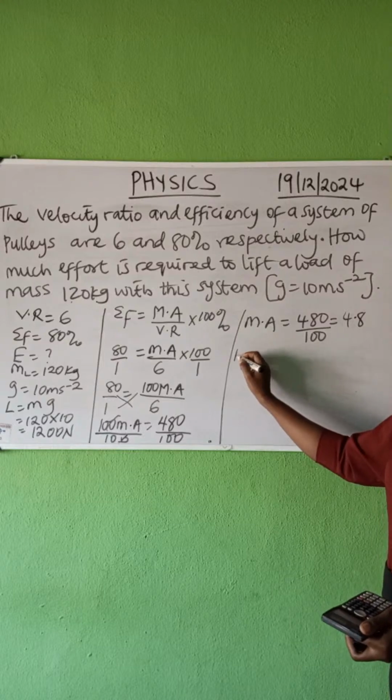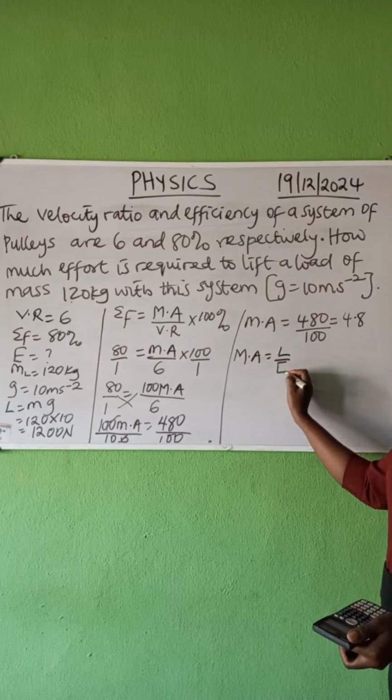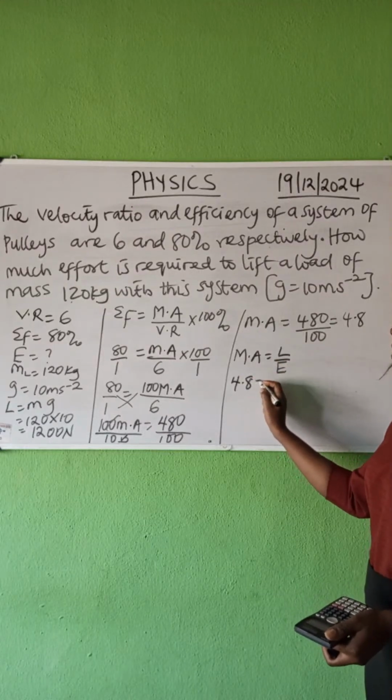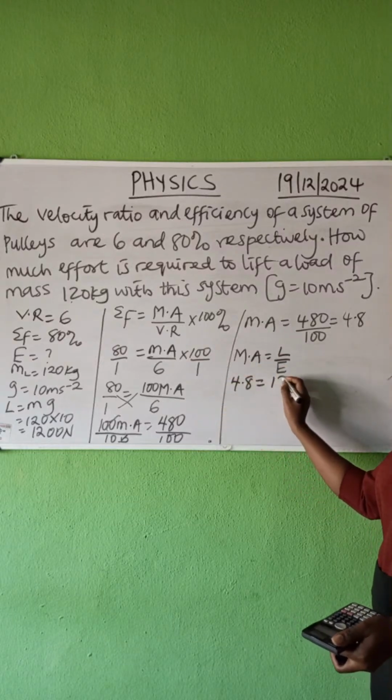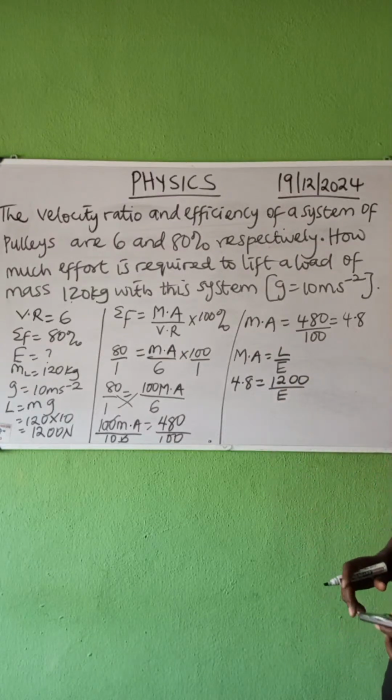But don't forget that mechanical advantage is equals to load over effort. So what's my mechanical advantage? 4.8. Now is equals to what's my load? My load is 1,200. Okay? And divided by effort, right?